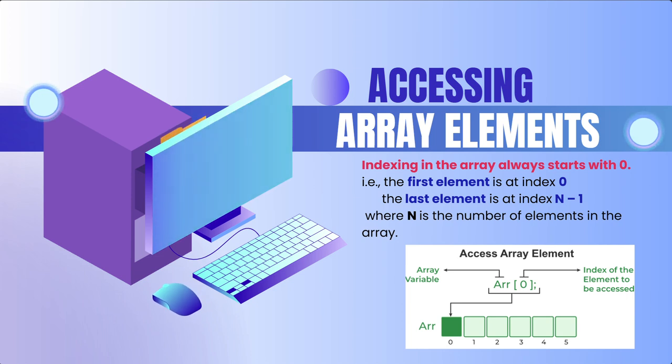We have accessing elements of the array. Indexing in the array always starts with 0, and the last element is n minus 1, where n is the number of elements. If the size of the array is declared as 5, it will take 0 to 4, because 0 is being considered as well.